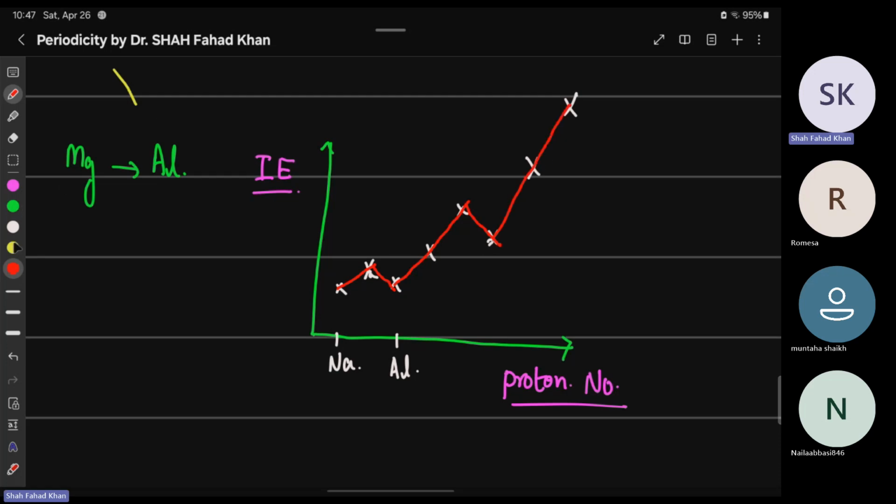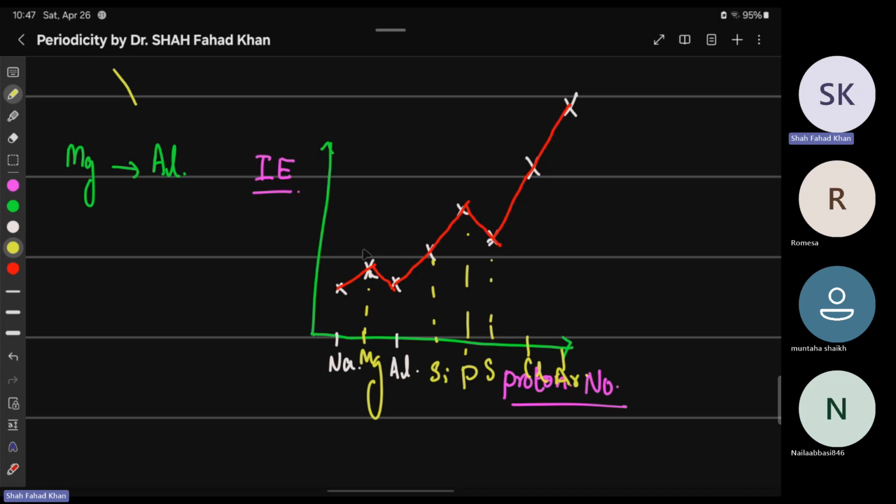If you can see, you can easily identify magnesium, aluminum, then silicon, then phosphorus, sulfur, chlorine, and argon.